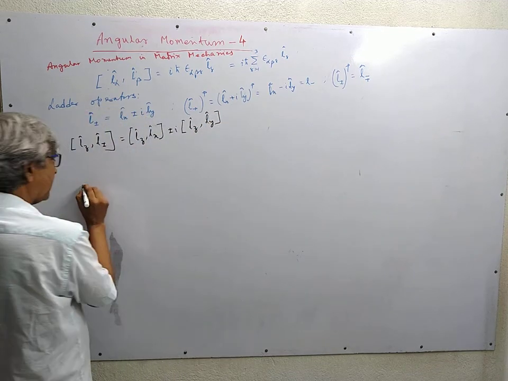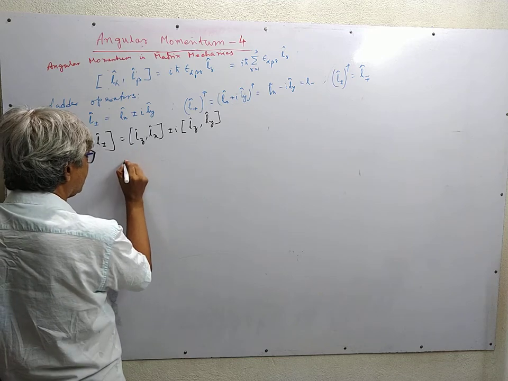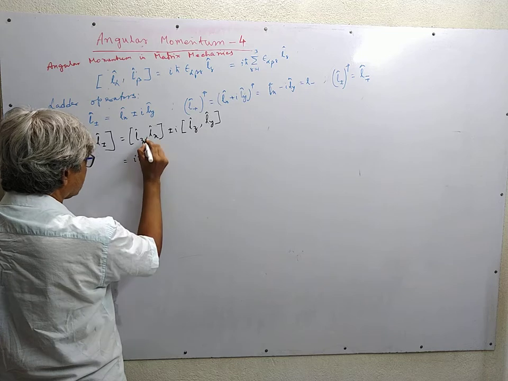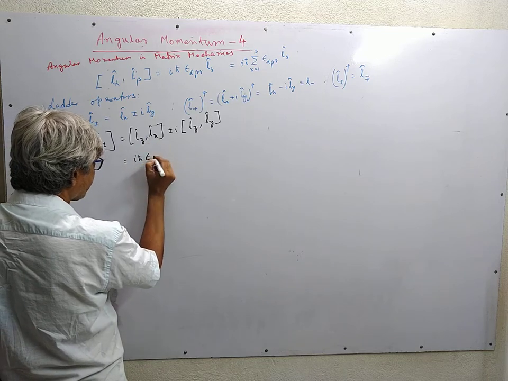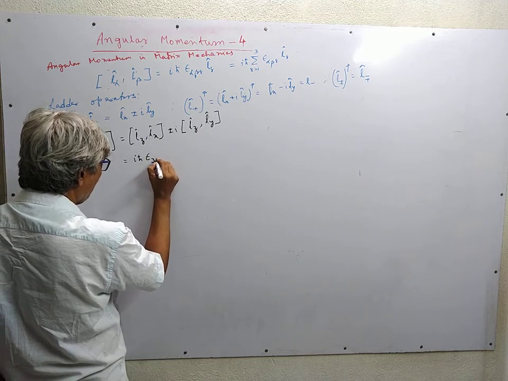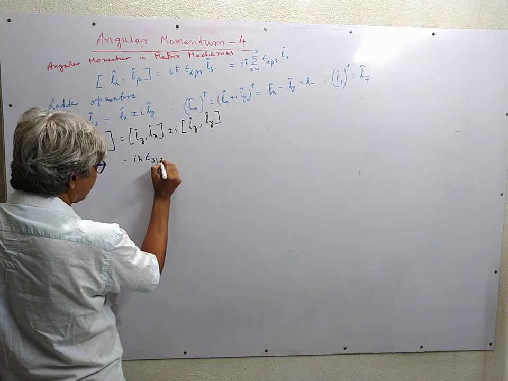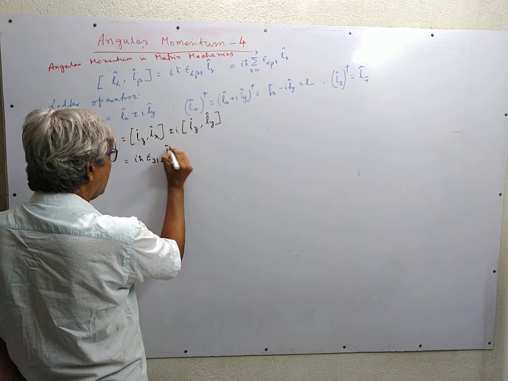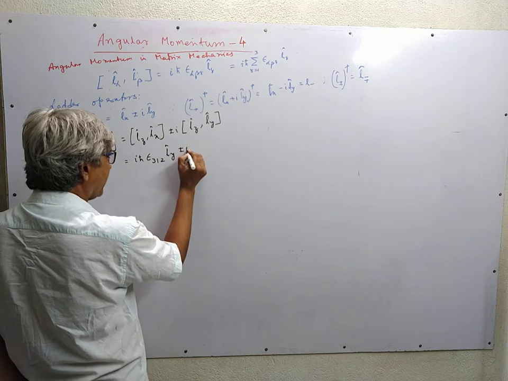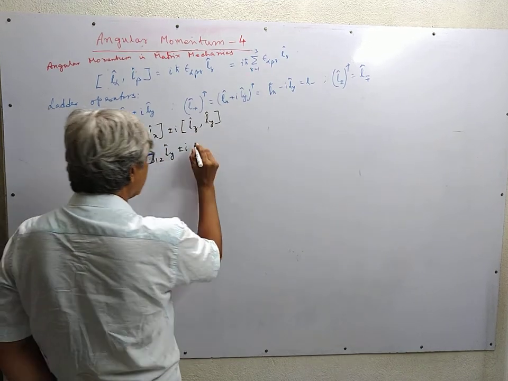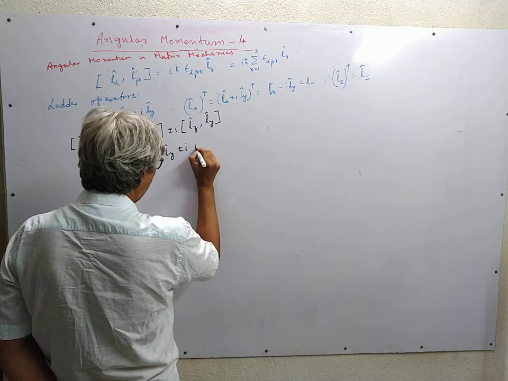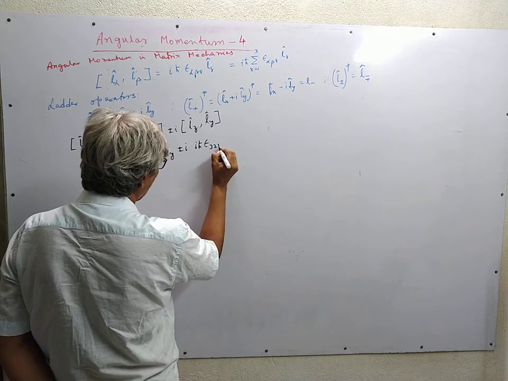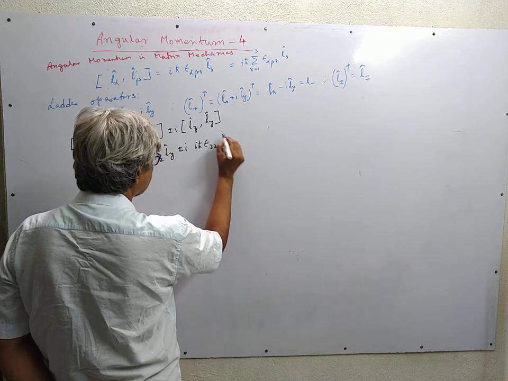We know that this is equal to iħ, for this it is ε_312, and obviously the non-vanishing term is Ly, plus or minus i, and from this we get again iħ ε_321 Lx.